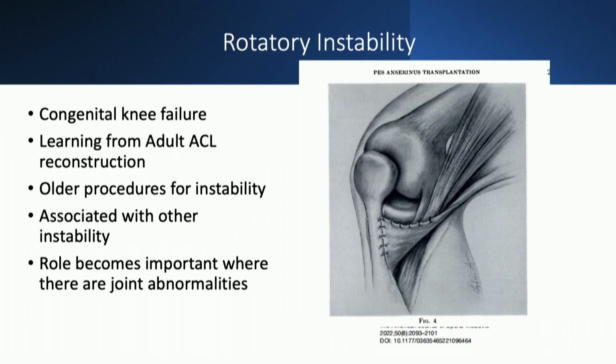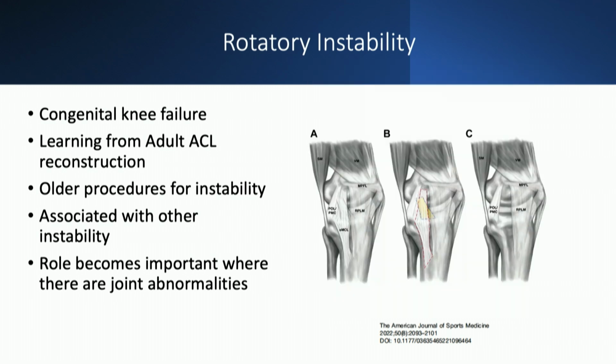And this has probably worked in a different way to what we expect, because what Slocum thought was that by bringing the pes forwards, you convert a flexor to an extensor and it controls rotatory instability. But what we know now from the work being done in adult patients is that the deep MCL is a strong resistor to anteromedial rotatory instability of the knee.